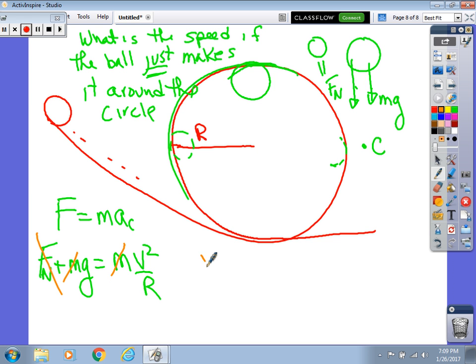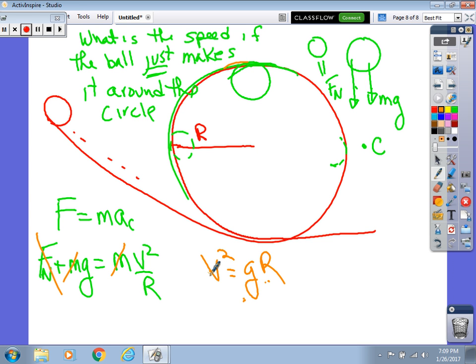If I solve this for v, I get v squared is equal to g times r. That means I can find the velocity where it just makes it around this track if I know what planet I'm on and how big the circle is. If it's a really big circle, r is big, you better be moving pretty fast. If it's a smaller circle, you don't have to move nearly as fast.